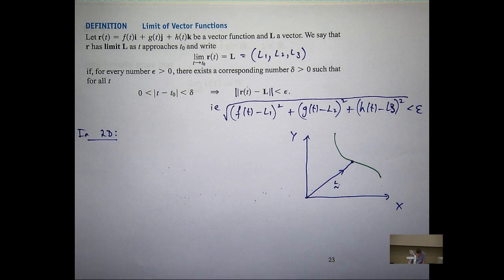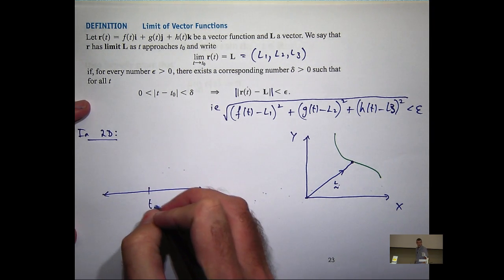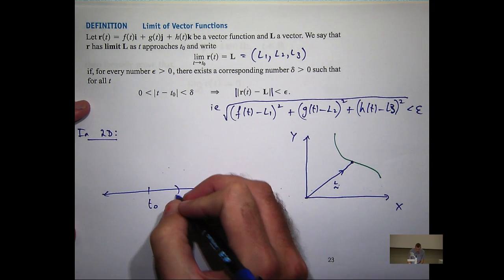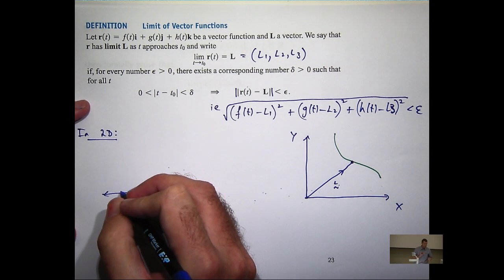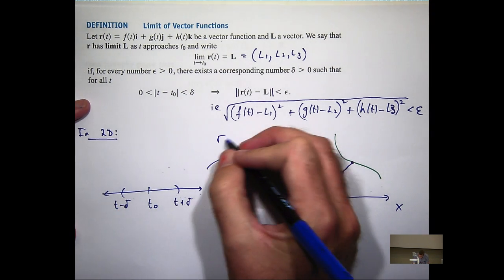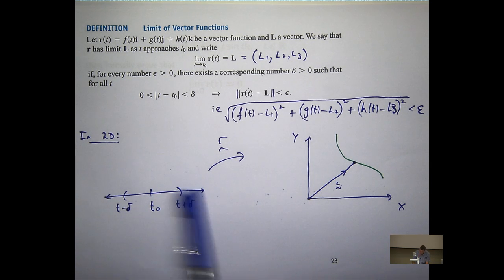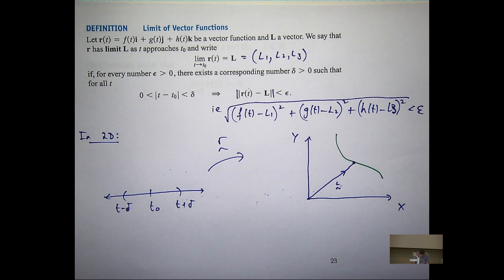Now, basically a vector function R takes an interval or the real line and transforms it into some sort of curve, maybe a curly curve, something like that. So think of this as the domain of the vector function R.